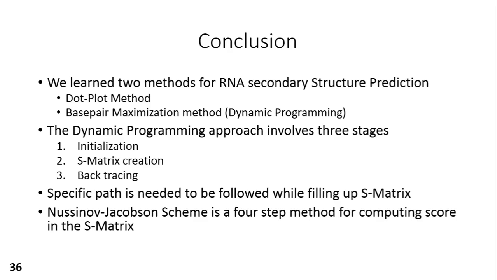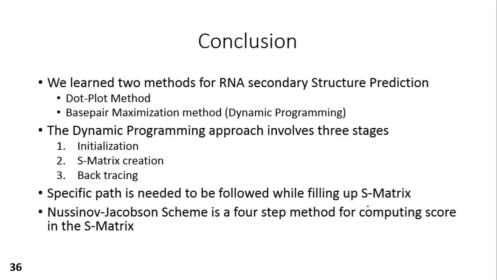We learned 2 methods for RNA secondary structure prediction, that is the dot plot method and the base pair maximization method, which implemented dynamic programming. The dynamic programming approach involves 3 stages: initialization, creation and population of the S matrix, and then backtracing. One more thing that we have learned is that we need a specific path to be followed while filling up the S matrix.